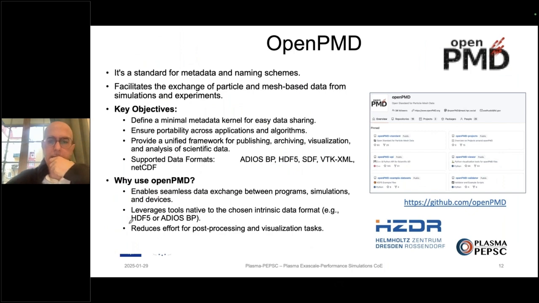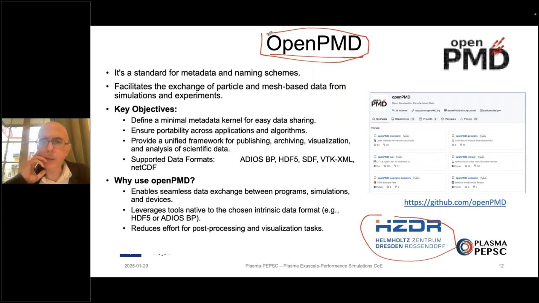And another exciting initiative that HCDR brought to the Center of Excellence is openPMD. This is more related to the I/O part, which we believe is an exascale challenge: how to move data efficiently. So HCDR included openPMD into the Center of Excellence. openPMD is an international effort.